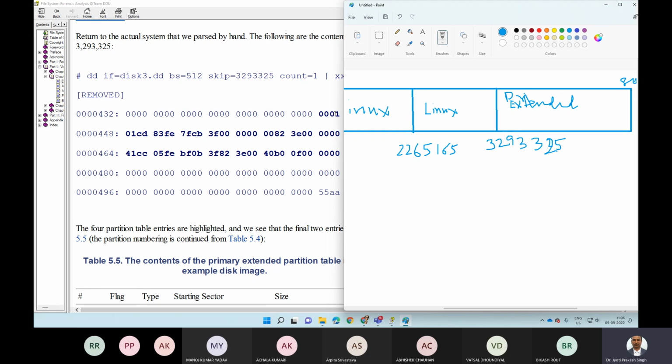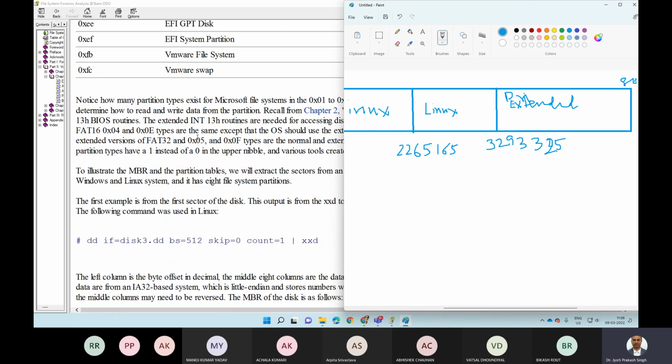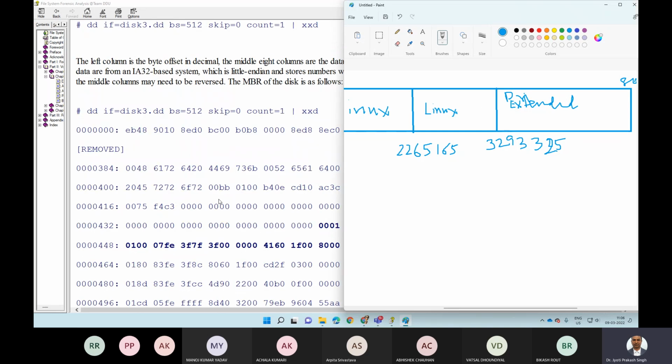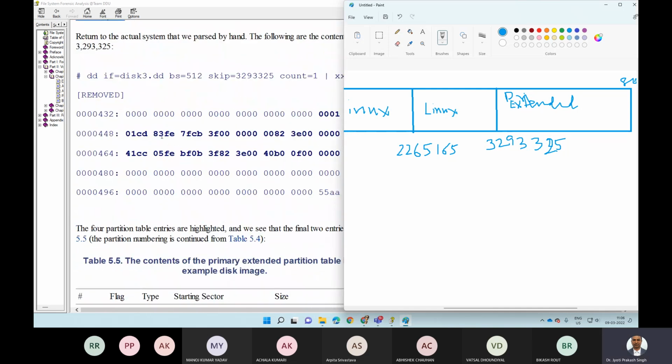Then the next one is more important: 83 is the partition type, which is again a Linux partition. So we now know that within this extended we have Linux only. We have one Linux partition in that extended.